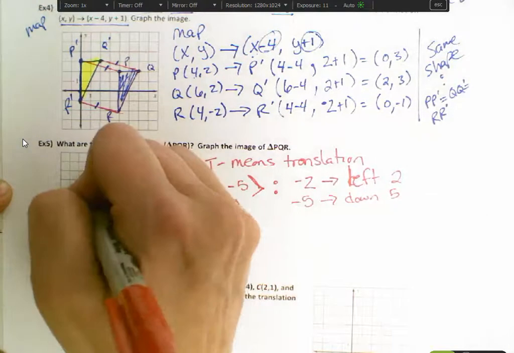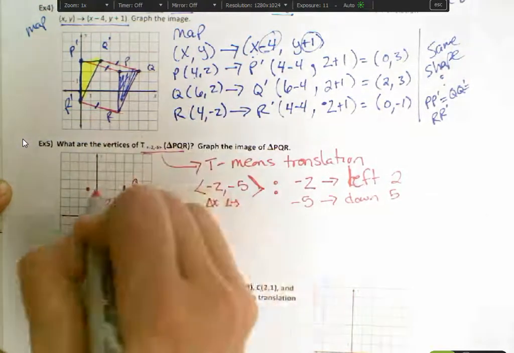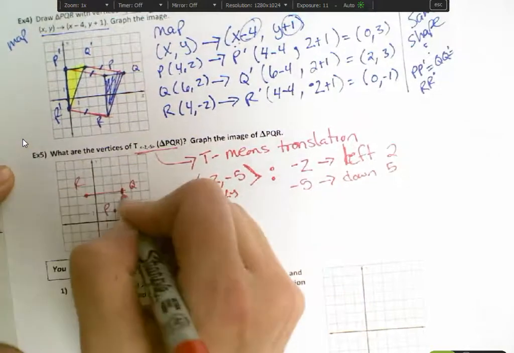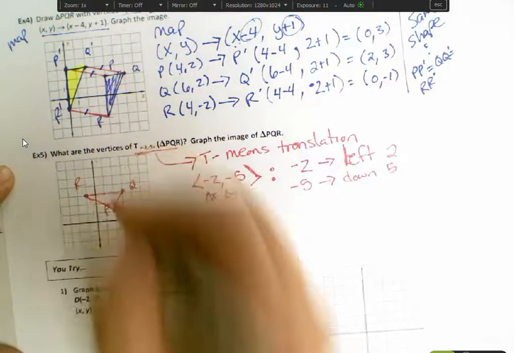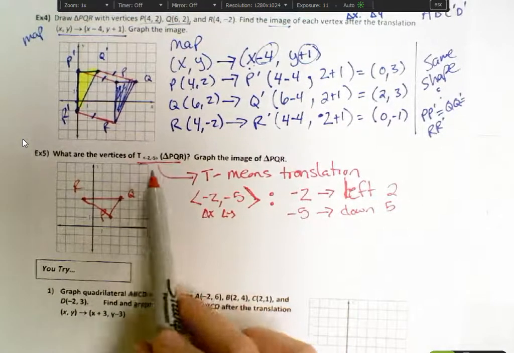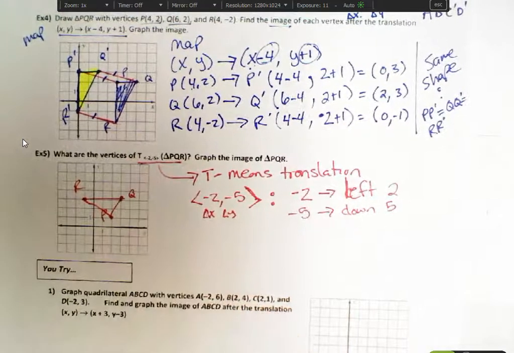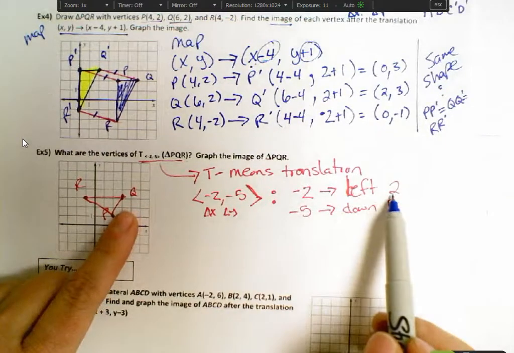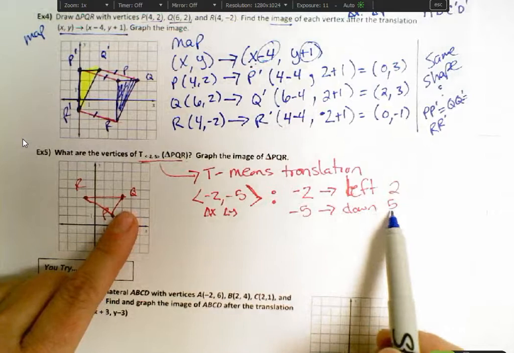So if this is my pre-image, and this was my translation function, I should be able to know that every single point is going to go left 2 and down 5.